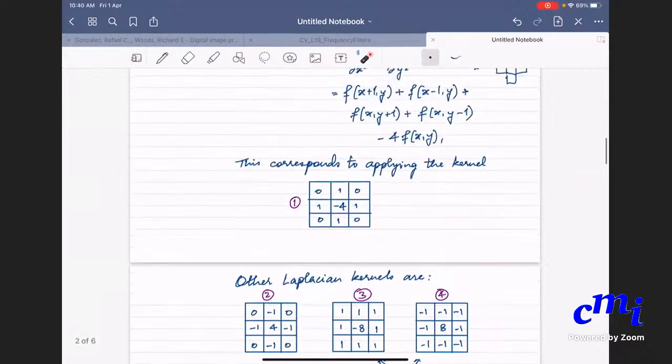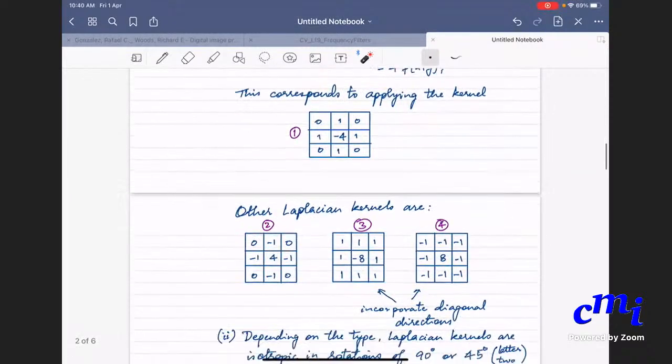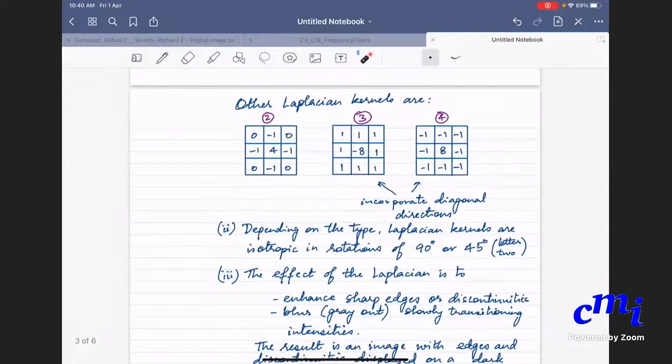If you do a similar simplification with 8 directions, this is the kernel it will correspond to, and with a minus sign, it is this. So these are your Laplacian kernels: 1 and 2 are isotropic with respect to rotation in 90 degrees, and 3 and 4 are isotropic with respect to rotation in 45 degrees also.